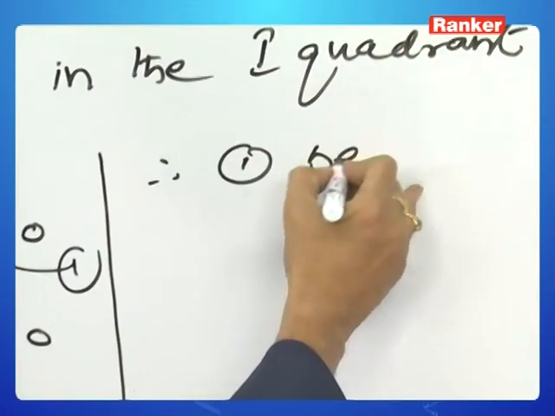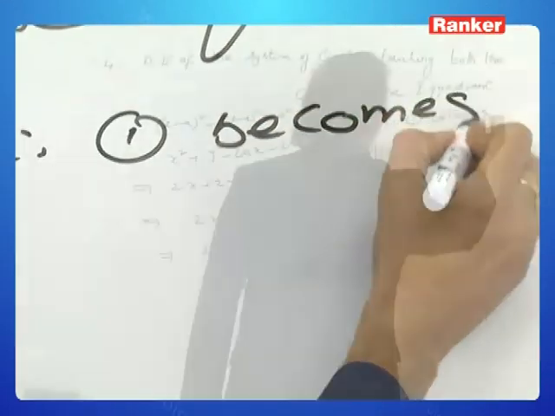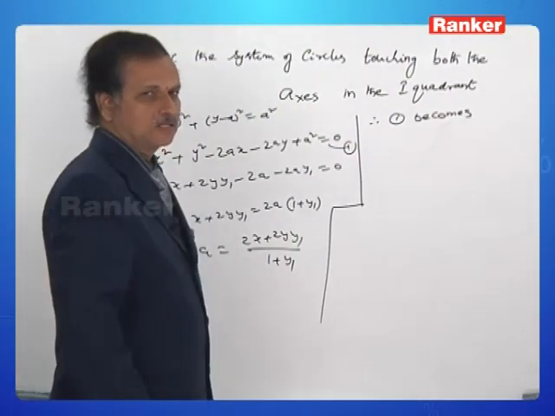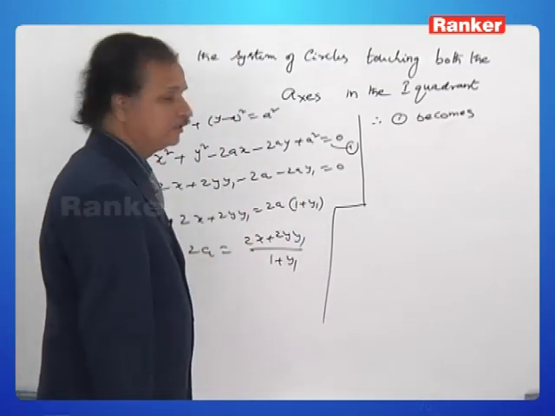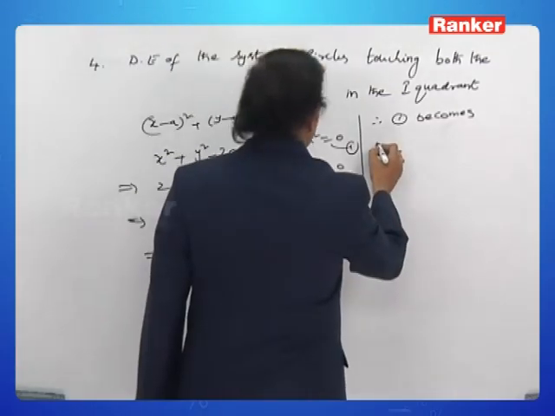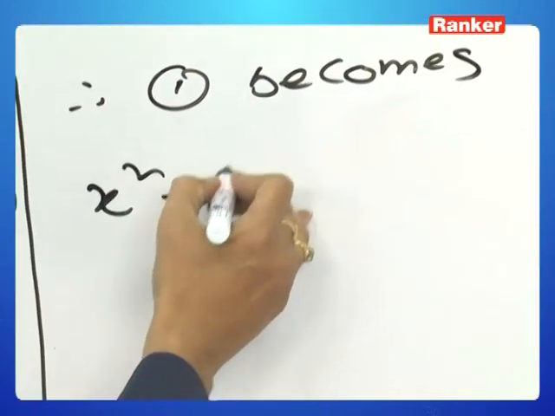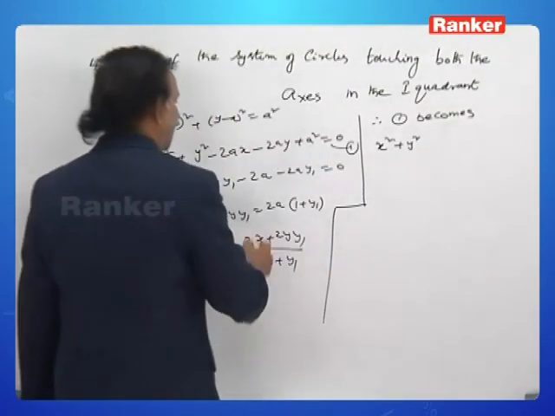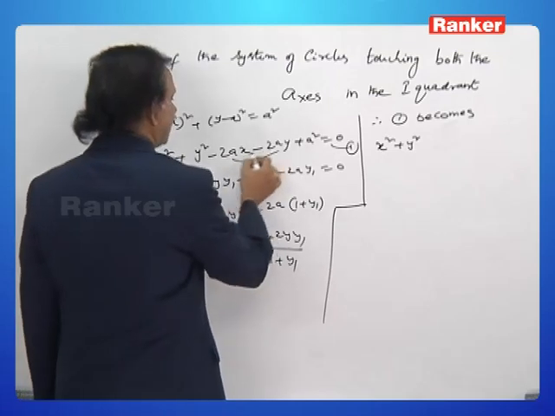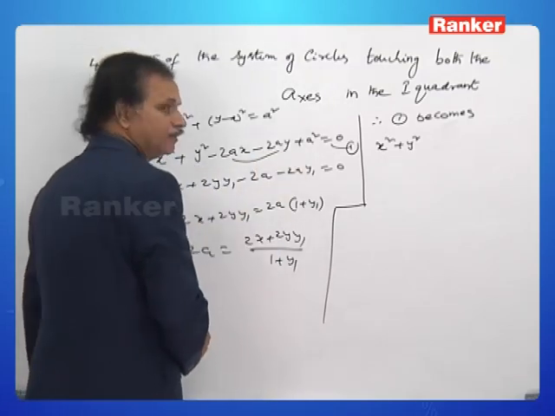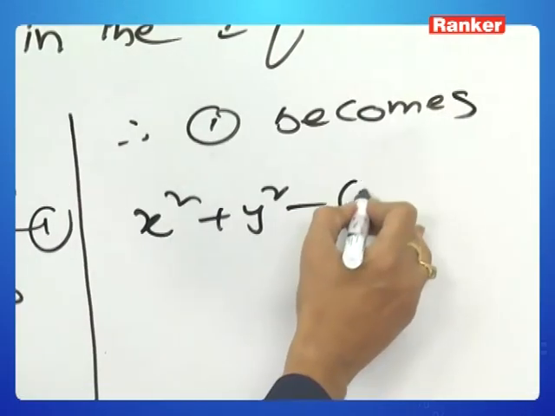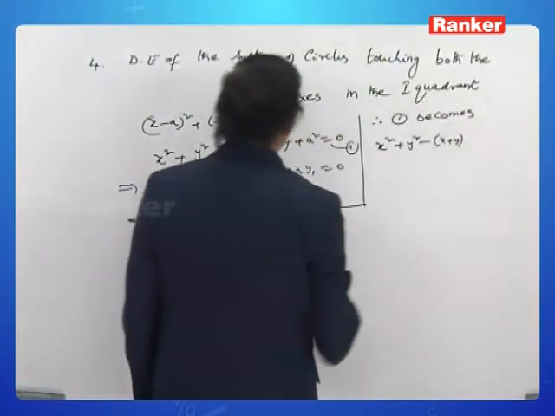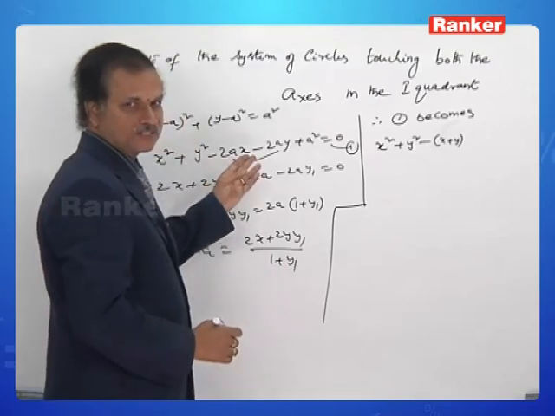Therefore, we are ready to substitute this value here. What is this actually? x square plus y square. Let me make minus 2a a common factor here: minus of (x plus y) into 2a.